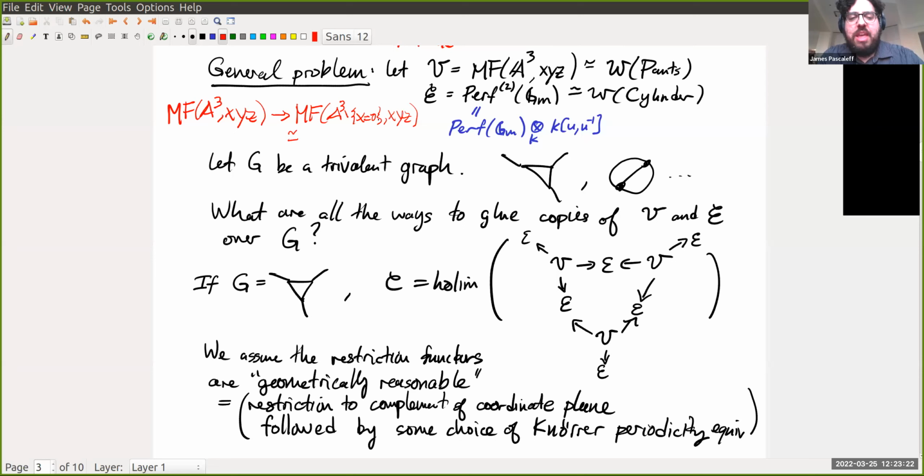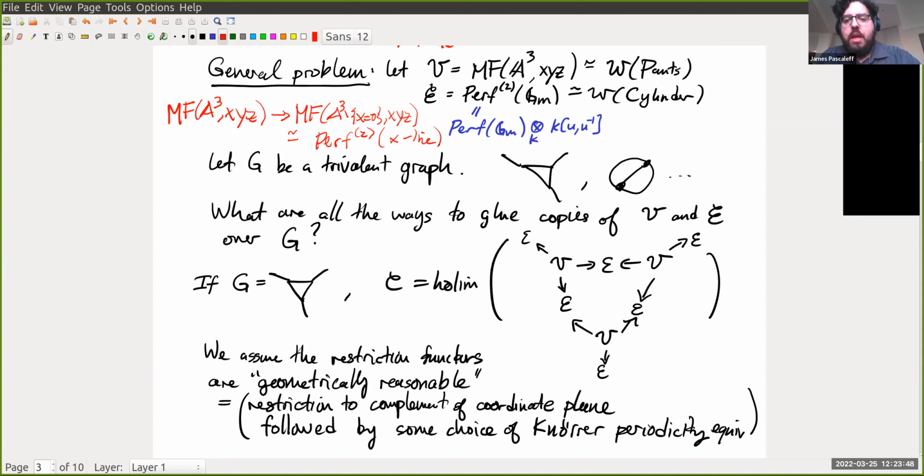So the point is, once you say delete x equals 0, this function here is really, you could think of it as a quadratic form on the normal bundle. Like it's a quadratic form in the YZ variables, depending on x. And then when you use Knörrer periodicity, you get actually this Perf2 of, well, sort of the x line.